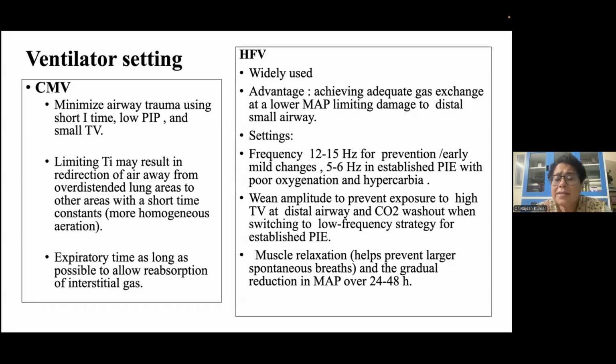But when it has already been established, it is reduced to 5 to 6 hertz. But again, when we are going down on the hertz, we have to see that there will be high tidal volume if the amplitude is not reduced. So that also needs to be maintained. We can also use muscle relaxation, and we can come down on the MAP over 24 to 48 hours.